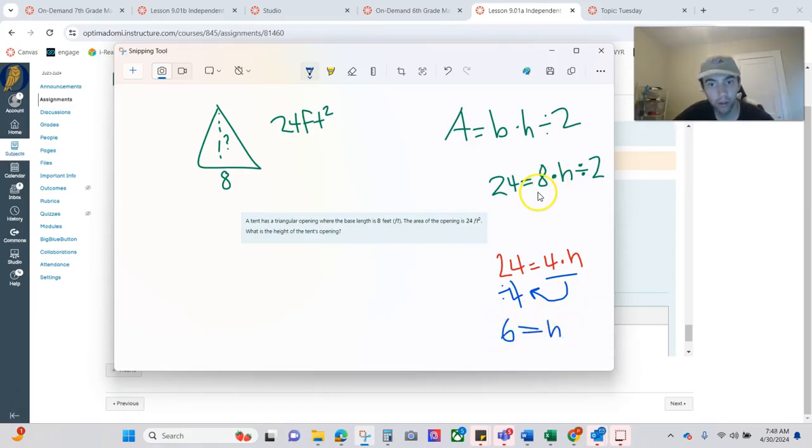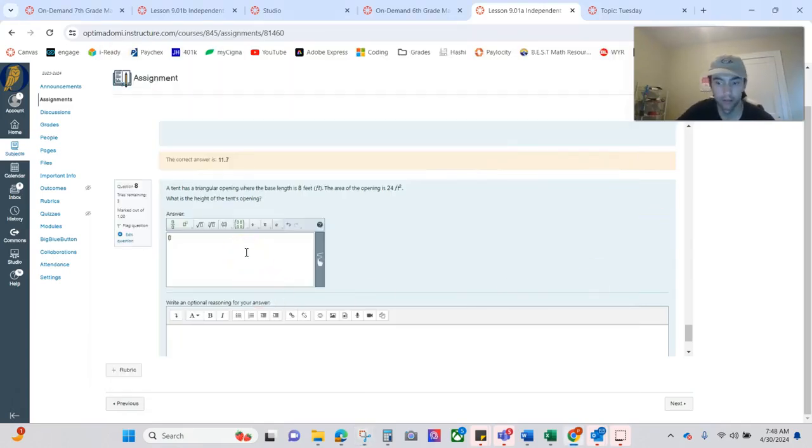Now you could have also jumped right into backwards math and divided 24 by 8, which would have gotten you 3. Then you would have had 3 equals something divided by 2. Then you do opposite math again, times by 2, and then you have 6 equals h. So 6 is our height.